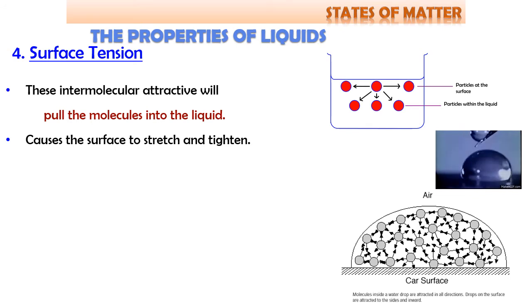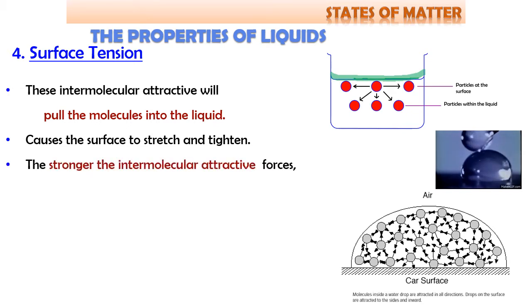So in a container, it will make the surface at the top stretch and feel tense. That is why a paperclip can float on water, a water strider can float on water. The stronger the intermolecular forces, the higher the surface tension.